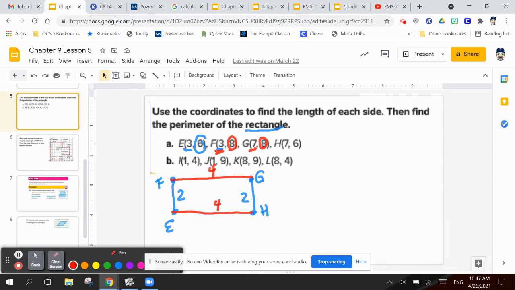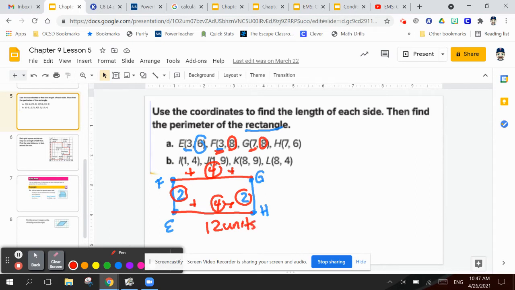So then to find my perimeter, I add all sides together. 2 plus 4 is 6. 6 plus 2 is 8. 8 plus 4 is 12. And it's units.